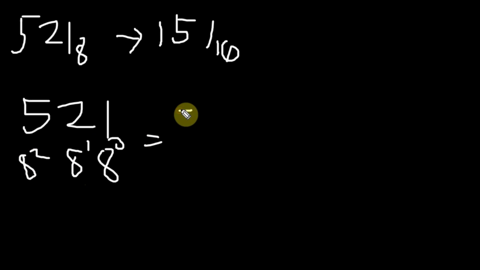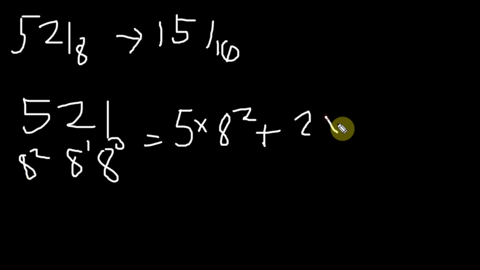Now, we will multiply 5 by 8 to the power of 2, then add 2 times 8 to the power of 1, plus 1 times 8 to the power of 0.